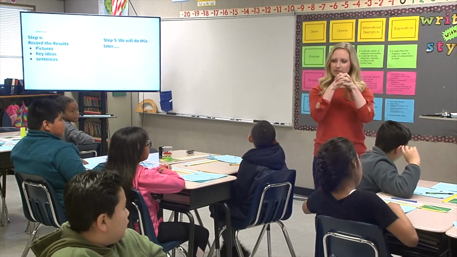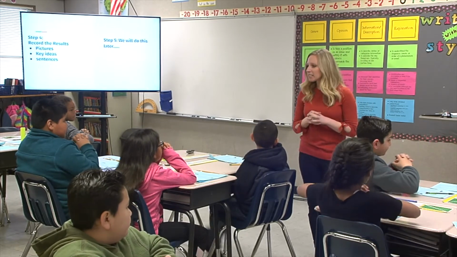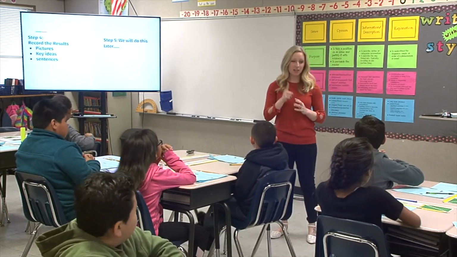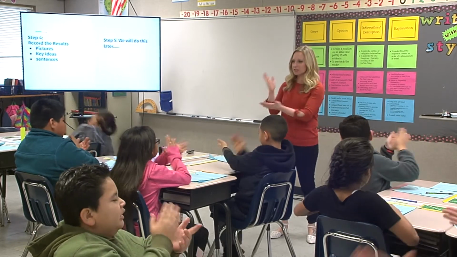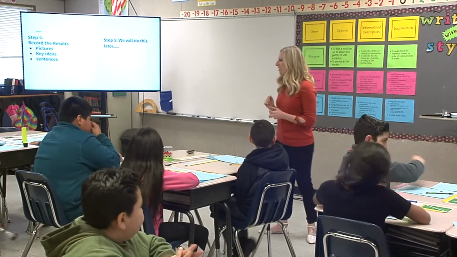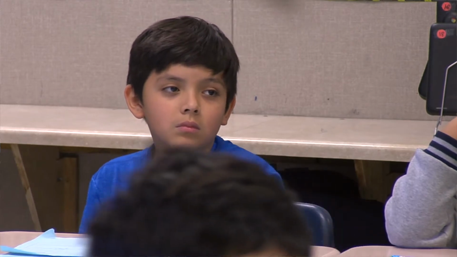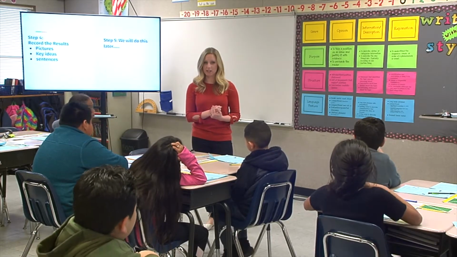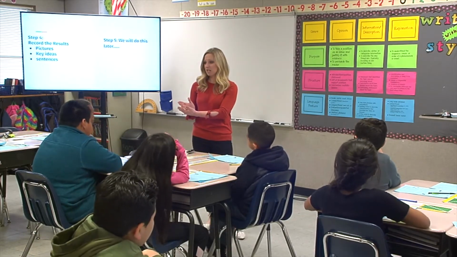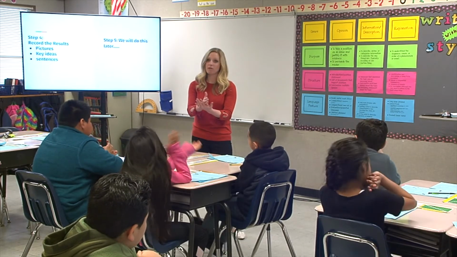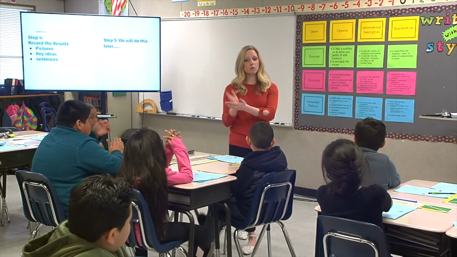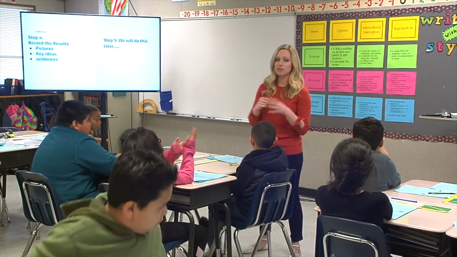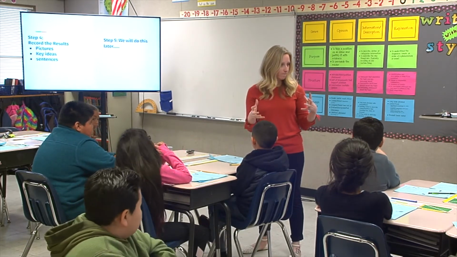Everyone say connectives. Connectives, and more specifically, the type of connectives are sequential. So everyone do sequential. Very good. So we're actually going to do some stronger connectives here, like initially, after, or thereafter, and then as a result. So we're going to use sequential connectives to help us understand this process of solar energy, okay?